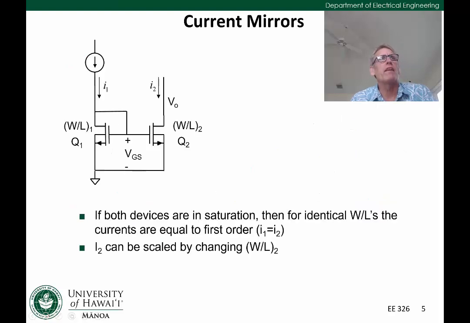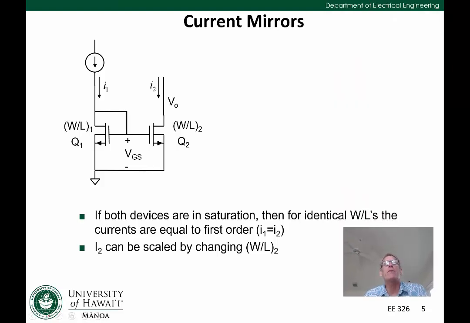Okay, so moving on in our current mirrors. Let's do a little bit more analysis and try to figure out what I2 is relative to I1. We just wrote down the current equations for I2 and I1, which are equal to ID2 and ID1.